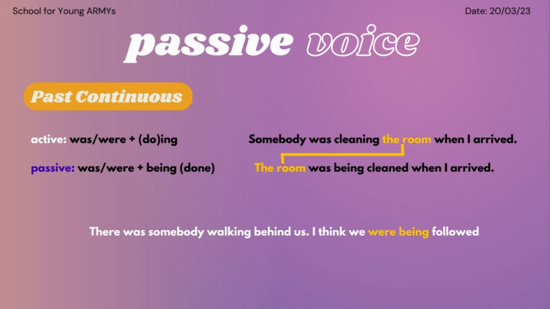Okay, so the active form in this specific sentence is somebody was cleaning the room when I arrived. But in the passive it is the room was being cleaned when I arrived. Always remembering that in the past continuous, we're talking about an action that was going on when we did something. Okay, so I arrived and the room was being cleaned.